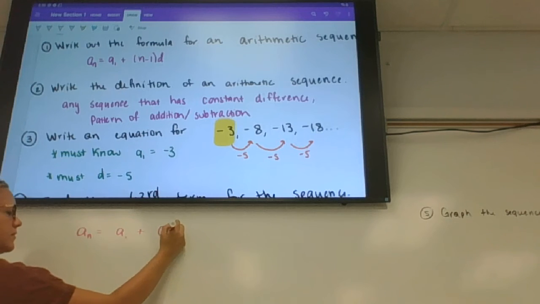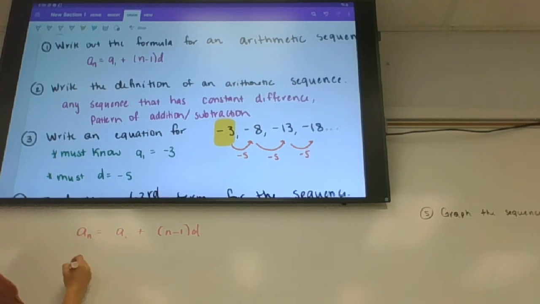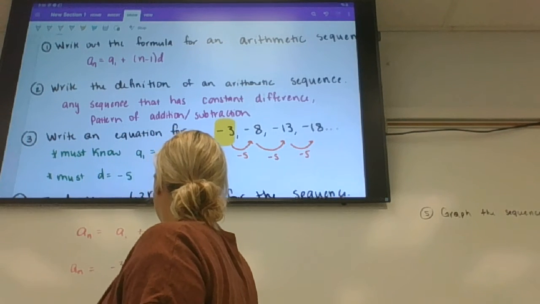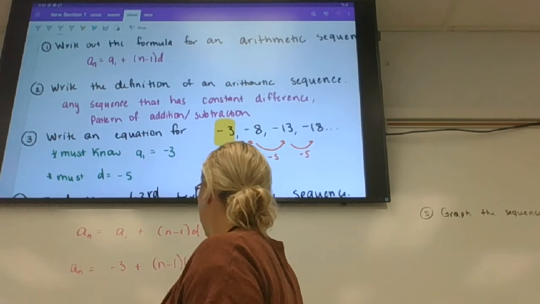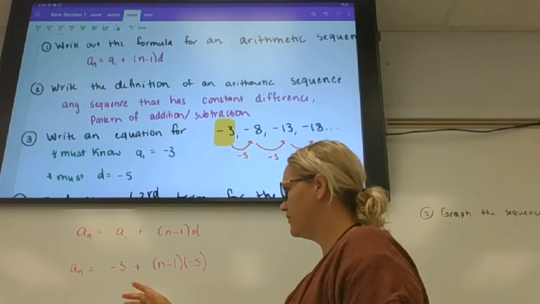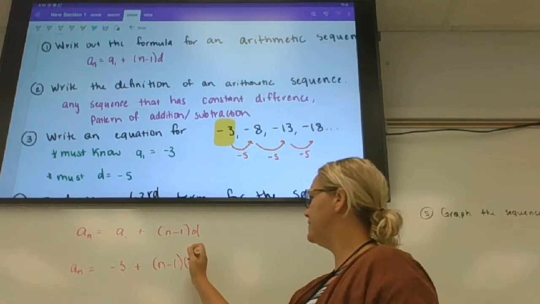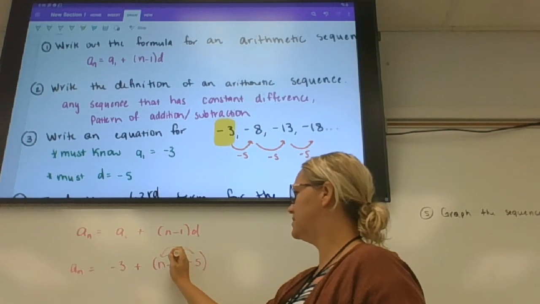So plugging into the formula, looking at a test for like Wednesday next week. Do you want to have this memorized by Wednesday next week? Plug in your first term, your common difference, distribute to the left to simplify.